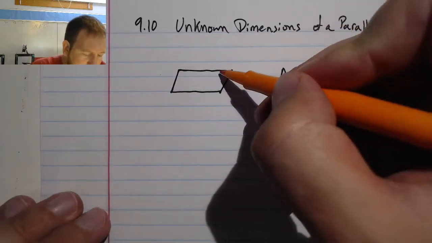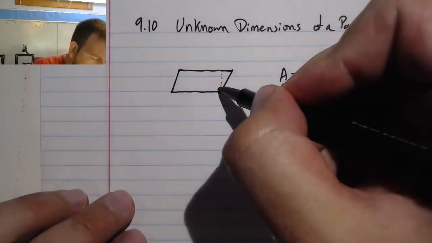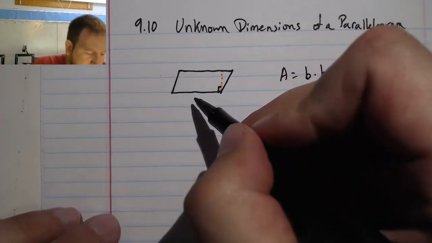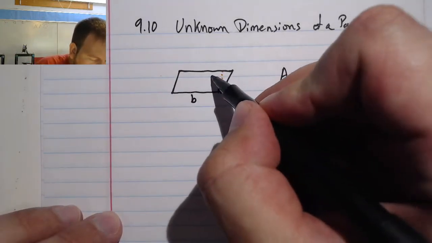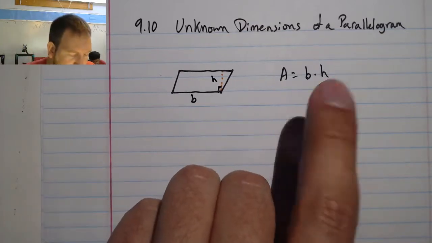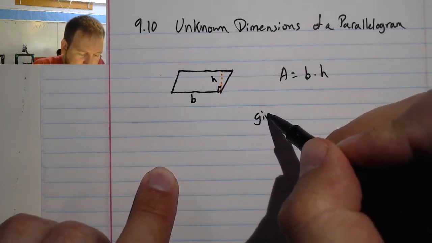And our height, remember, is the distance from the top to the bottom if I were to draw a little right angle in that area. So my base is down here, and then my height is that distance up to the higher dimension. Last time, we were given the base and the height.